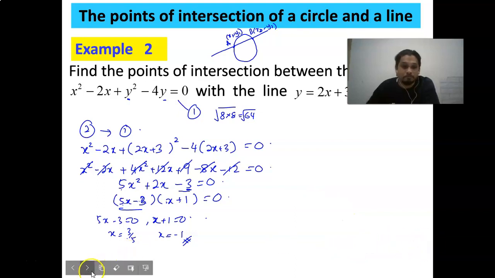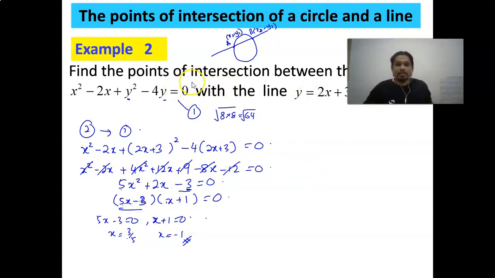And now, find the intersection points. Find the points of intersection, meaning the coordinates of A and B for the line and also the circle. So I already got both of x, 3 over 5 and -1.